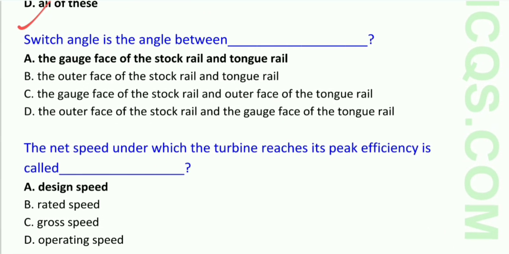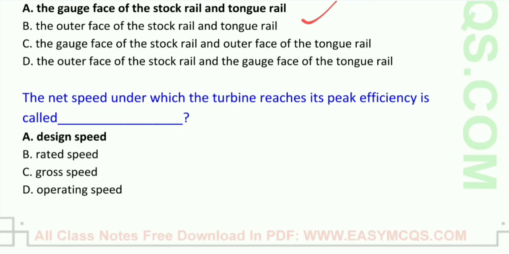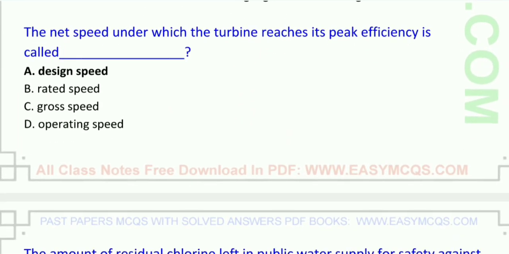Next question. Switch angle is the angle between the gauge face of the stock rail and tongue rail. A is right. Next, the net speed under which the turbine reaches its peak efficiency is called design speed.